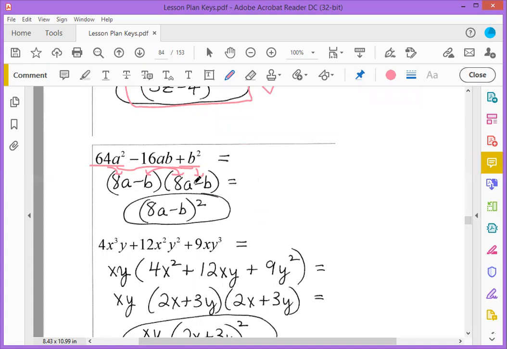We're using minus in front of both of those b terms because our middle term is negative 16. Now notice in parentheses you have 8a minus b times 8a minus b. That's the same terms twice. So we can rewrite that as 8a minus b squared.